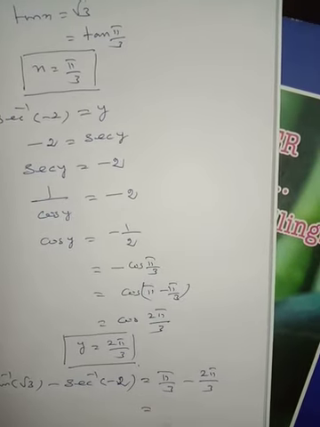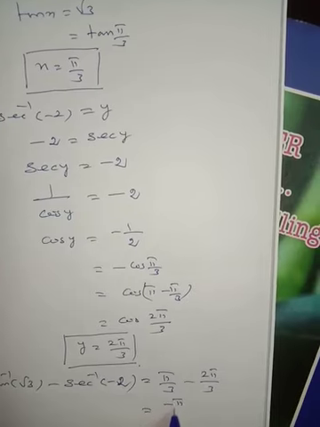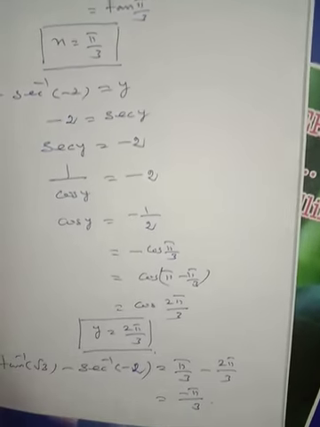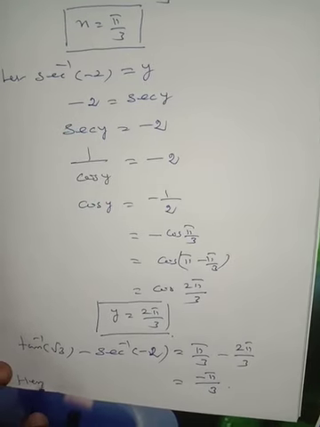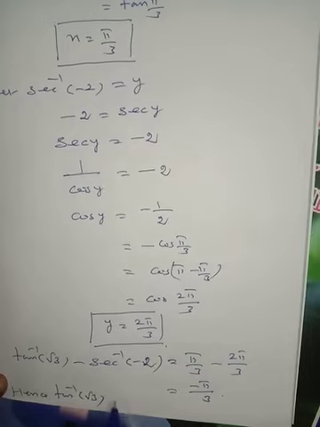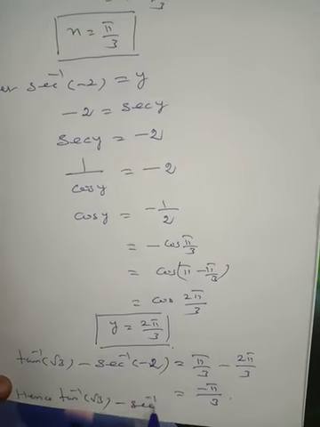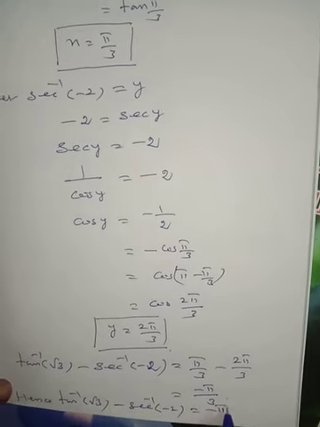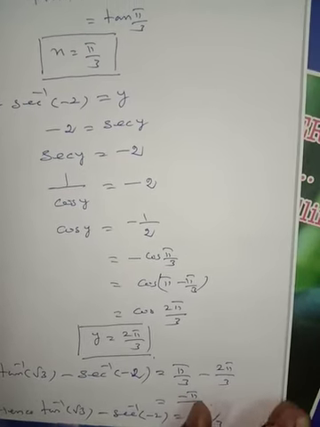Denominators are same, therefore minus pi divided by 3. Hence tan inverse of root 3 minus secant inverse of minus 2 is equal to minus pi divided by 3.